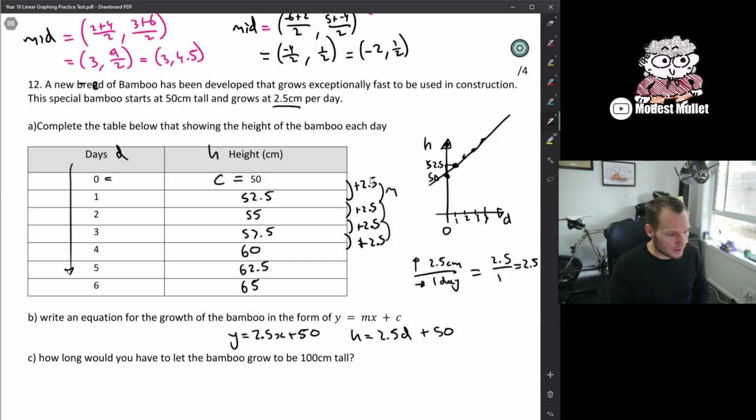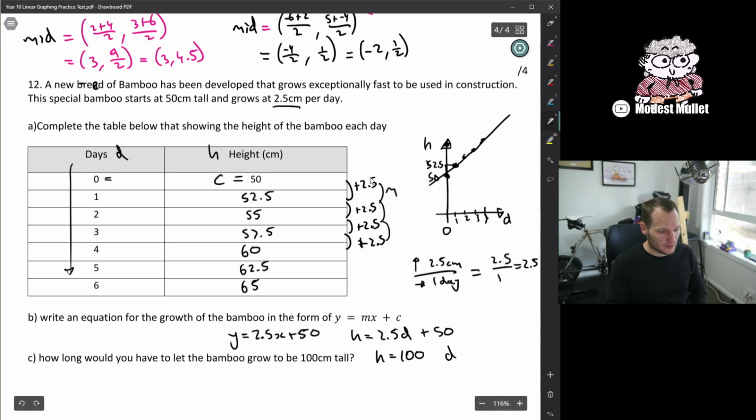How long would you have to let the bamboo grow to be 100 centimeters tall? So we want to find, okay, height is 100. How many days does it take? Now you could go, well, it goes up 2.5 each time. I'm starting at 50, I need to go up another 50. I'm going to divide that 50 by 2.5 to figure out how many days.